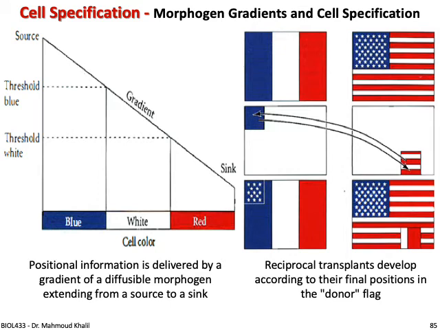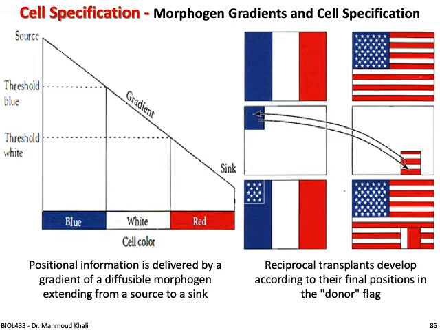So in this simple example, consider cell colors blue, white, and red, and a gradient of the morphogenic factor going from the source at high concentration to the sink at lower concentration.